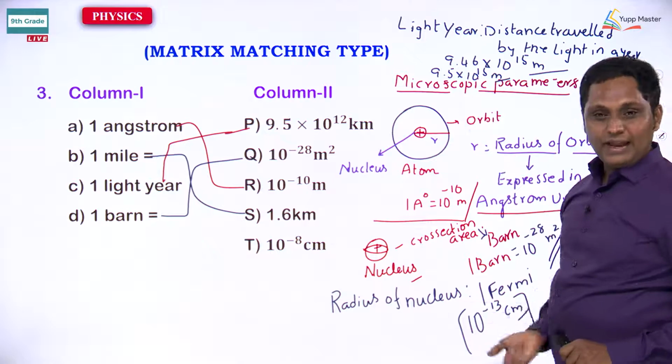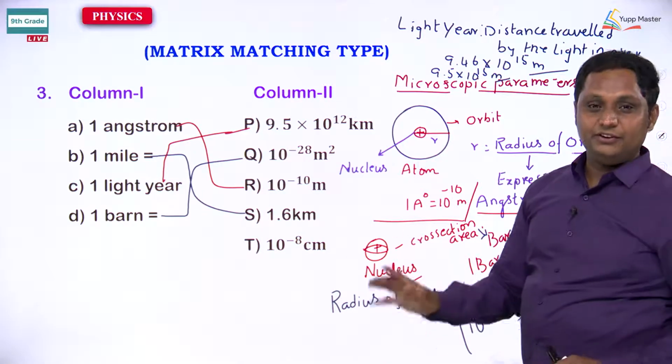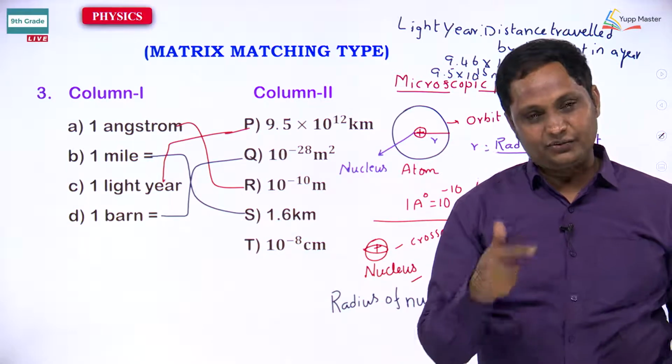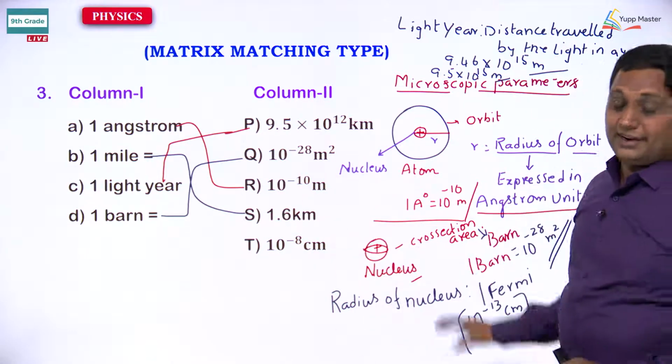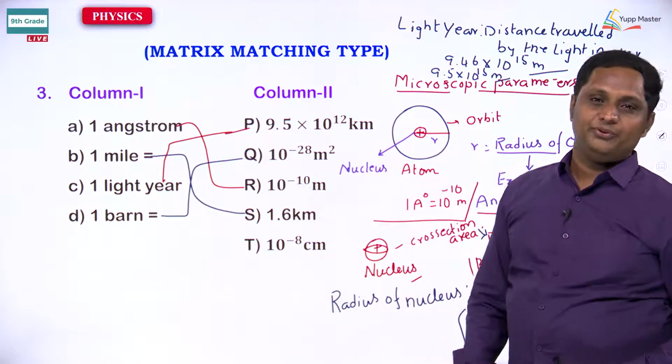All right, we are going to discuss the radius of the atom and the radius of the nucleus. Fermi is used to represent the radius of the nucleus, and the radius of the atom is in terms of angstrom units.